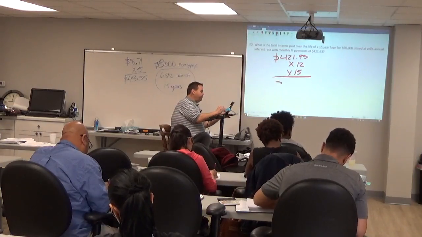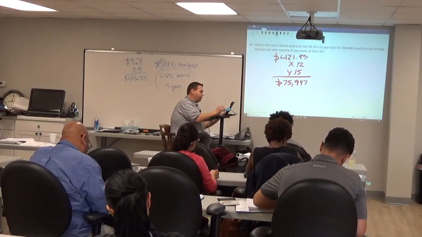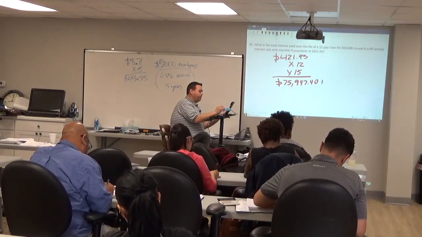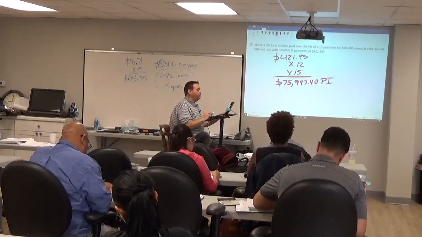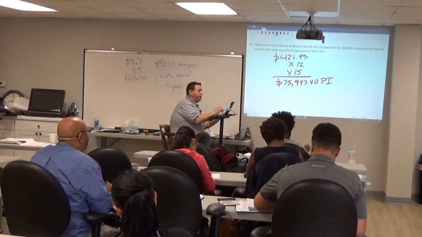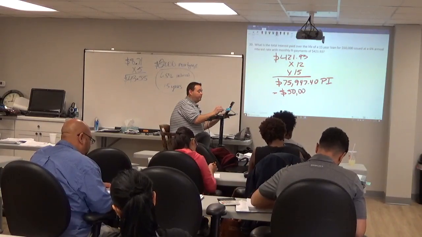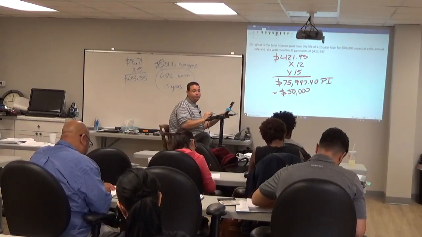That's $75,947.40 in principal and interest, but they only want to know the interest piece. So what are we going to do? Subtract out what? Subtract out the principal, which is $50,000. Is everybody okay with that?